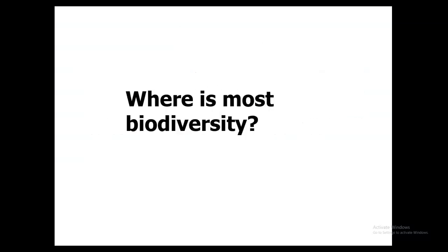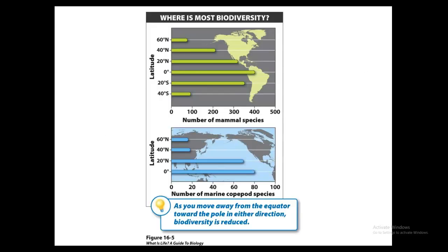So where is most biodiversity? Looking here, we see that biodiversity differs across areas. As you move away from the equator, you have less biodiversity, but the closer you are to the equator, the more the biodiversity increases.